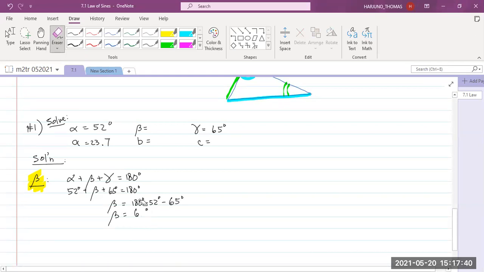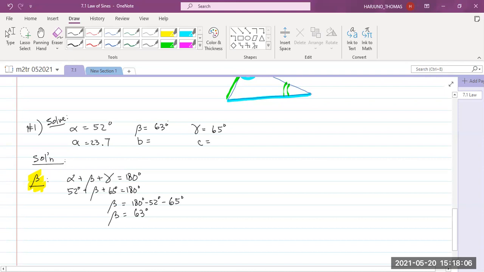Otherwise your work will look like, oh, what are you actually working on here? By writing this B and then a colon with an underline, you are telling me and yourself that you are trying to solve for this for now. So I get 63 degrees. Thank you for correcting my 60 to 65.